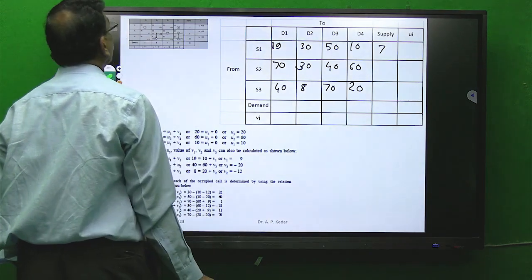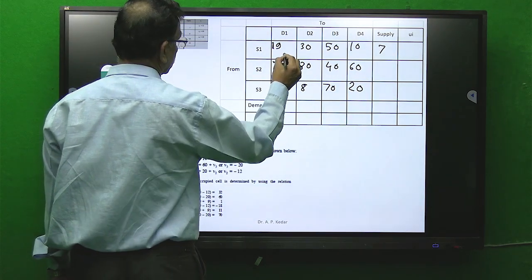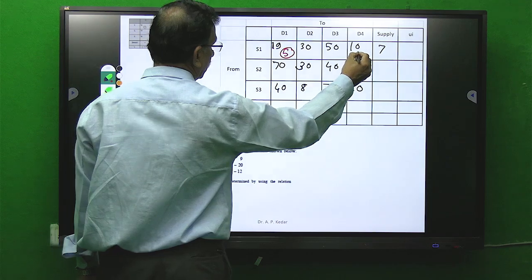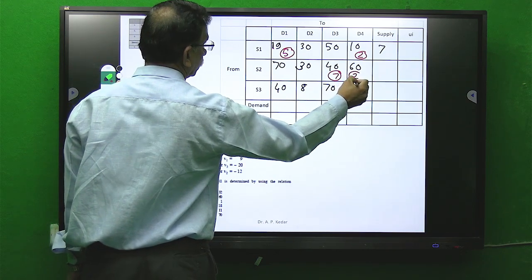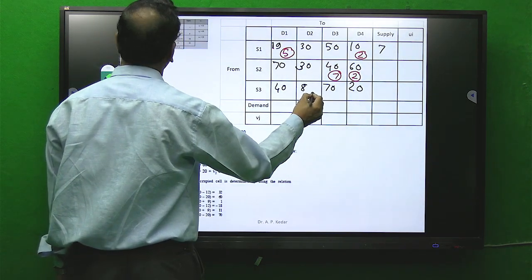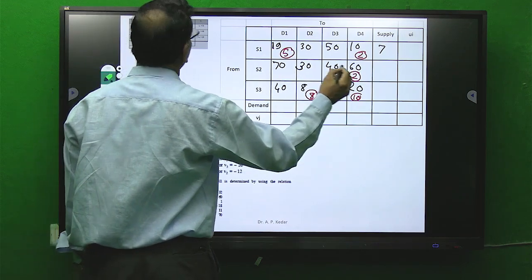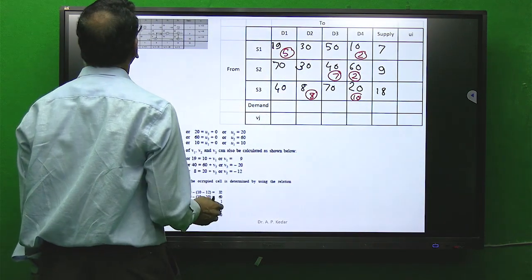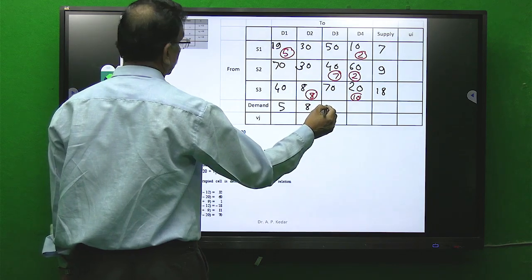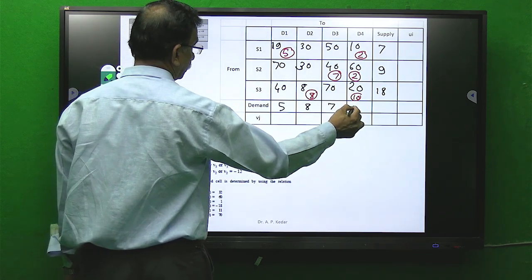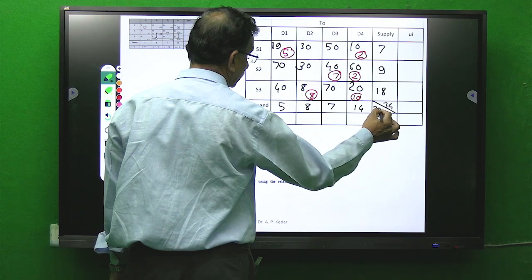This was the original given cost in the matrix, and we found the initial solution to this problem in the last lecture, where at this point we allocated 5, at this point 2, at this point 7, here 2, here 8, and here 10, and these values were 9, 18, then demands were 5, 8, 7 and 14. So here supply and demand was 34 by 34.